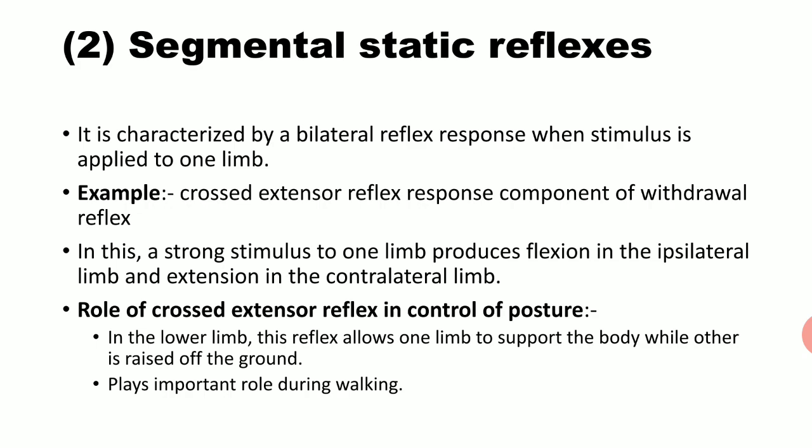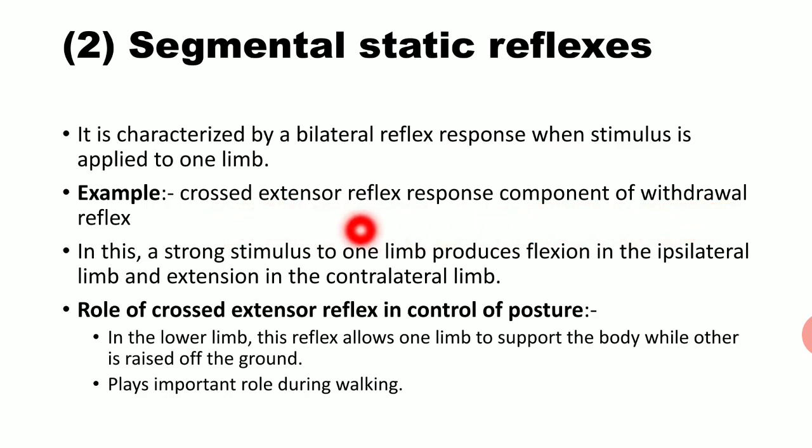Segmental static reflex is characterized by a bilateral reflex response when a stimulus is applied to one limb. So here the stimulus is applied to one limb, but the response is bilateral, in both limbs. An example is the cross extensor reflex response. As we know, it is a component of the withdrawal reflex, which we already discussed.